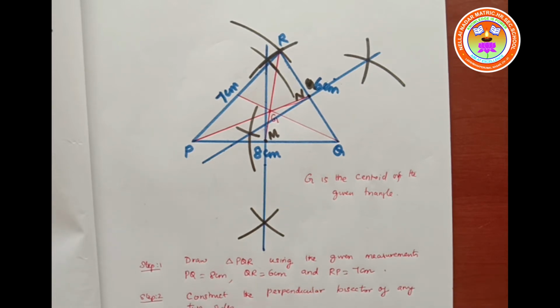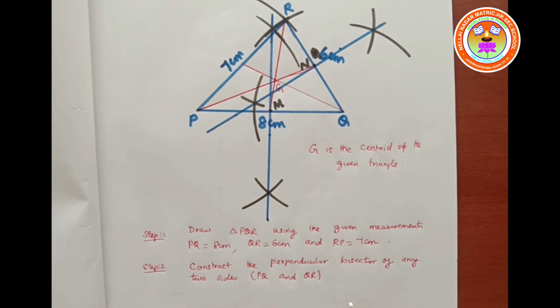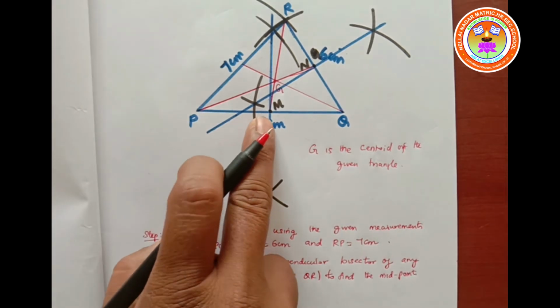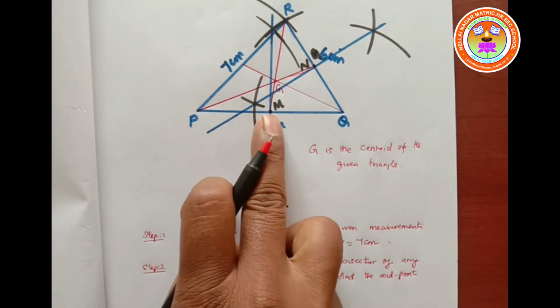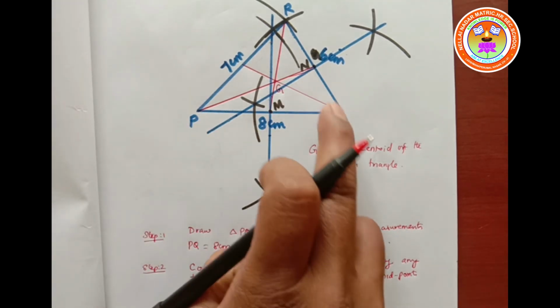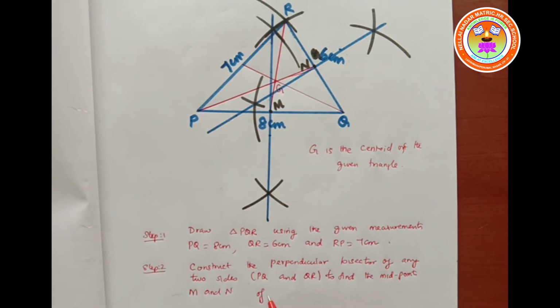We have considered PQ and QR, to find the midpoints M of PQ and N of QR respectively.